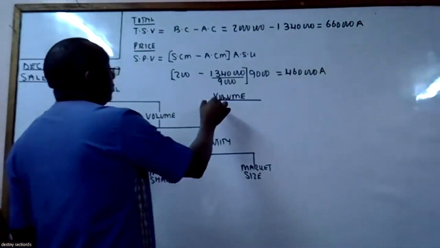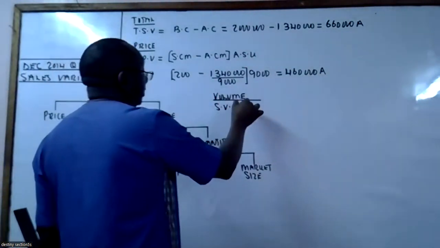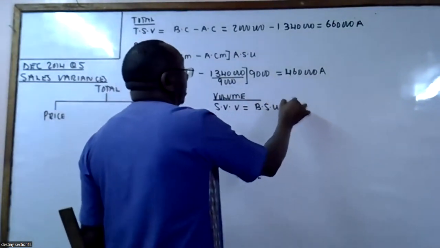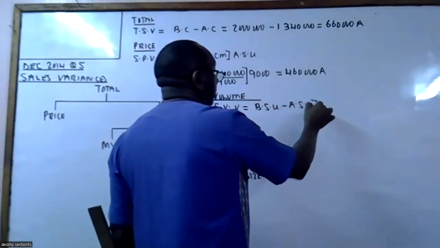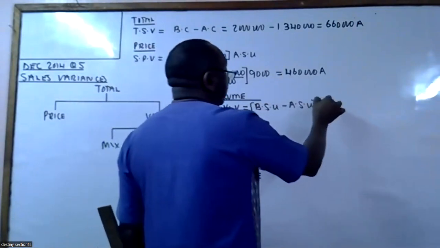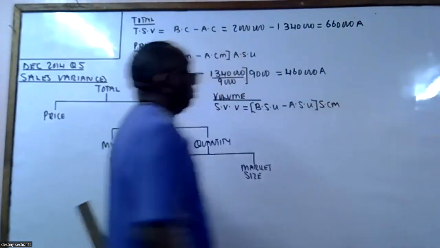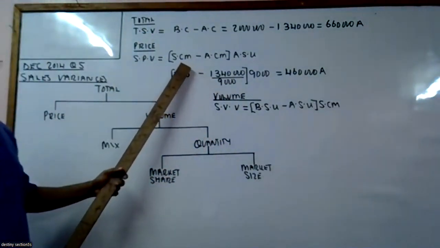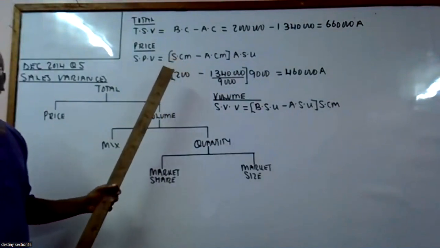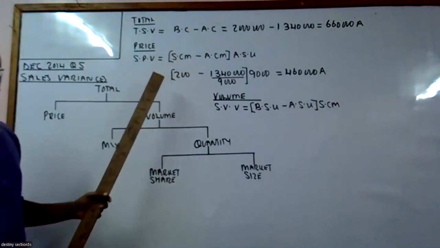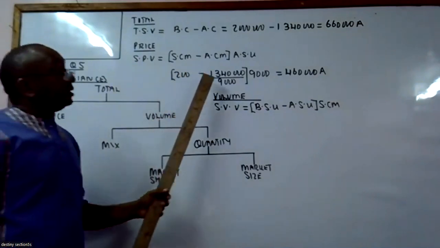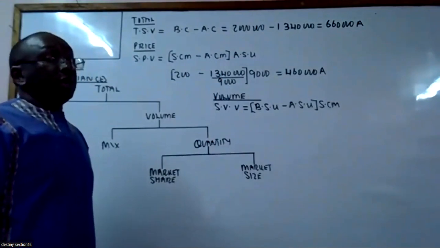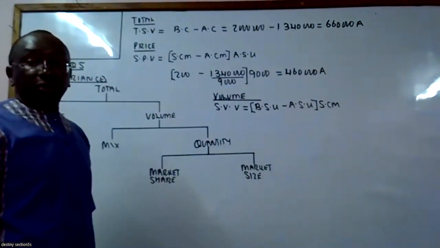So sales volume variance is given as budget sales units minus actual sales units. You multiply by standard contribution margin. And maybe before I forget, this formula here is not the one. There is another one that we shall use during reconciliation. And if you look at the notes that I gave you, you can see the two are explained well, which one you use for operations and which one you use for reconciliation.